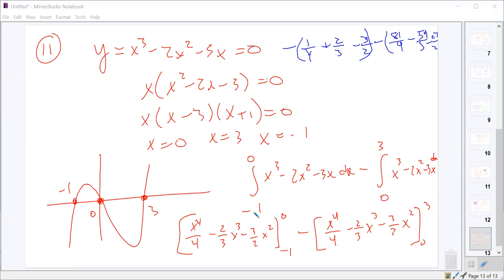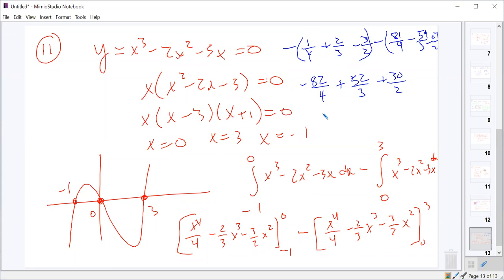This is 0 plugged in, so 0 minus -1 plugged in. So it's got to be a negative in front of this also now. We got negative 1/4 minus 81/4 is negative 82/4. We got negative 2/3 plus the 54/3 is now positive 52/3. And then positive 3 halves plus another 27 halves is plus 30 halves.